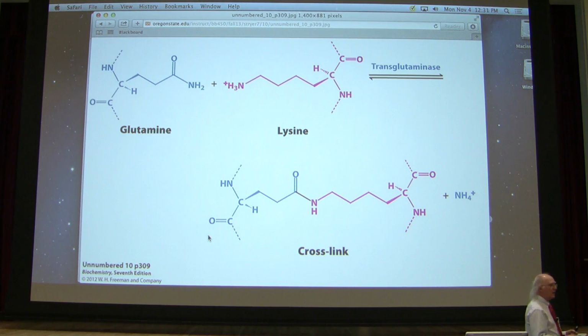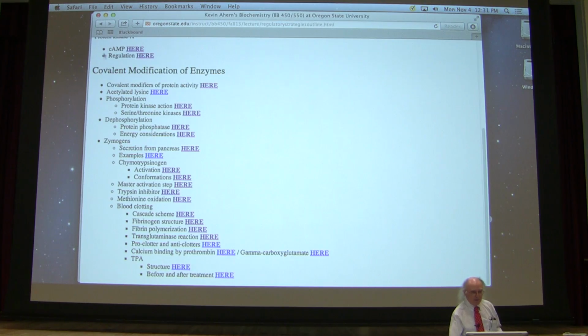So the hardening of the clot is made possible by the action of the enzyme glutaminase. I'm sorry, transglutaminase. And it's making this reaction right here. Okay, so that's cool. All right, questions about that? Yes?